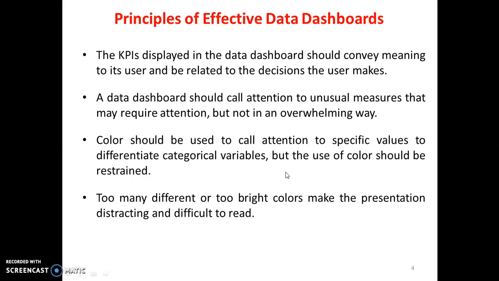Too many different or too bright colors make the presentation distracting and difficult to read. So unnecessarily we should not have many colors or too bright colors in the presentation. If you do, it will distract the users and make it difficult to read the measures.